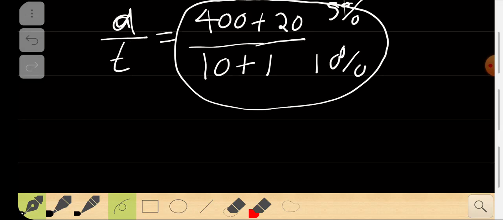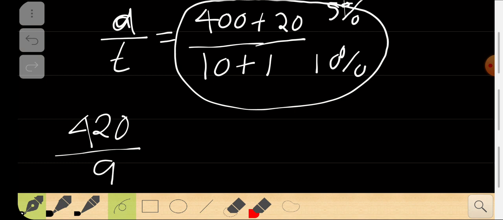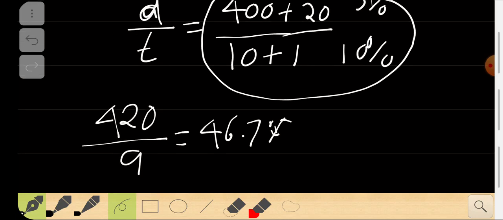So the maximum will be 420 by 9. That's the biggest value that you can get, right? So 420 by 9 will be around 46.7 something. It's not a percentage, it's the speed, so it's velocity.